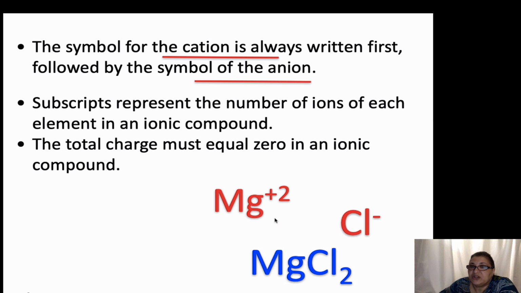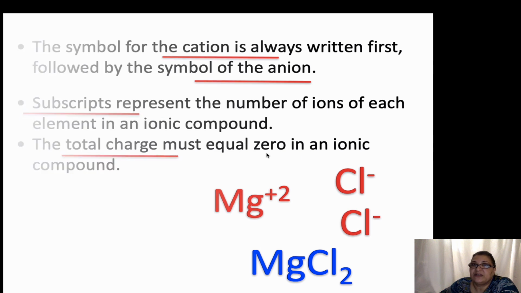And the total charge has to be 0. So it cannot be magnesium plus 2 and chlorine negative 1. It has to equal 0. So it takes 2 chlorines for every magnesium because negative 2 and positive 2 cancel out, and the overall is 0. So the subscript tells us the number of atoms, and the total charge is 0.